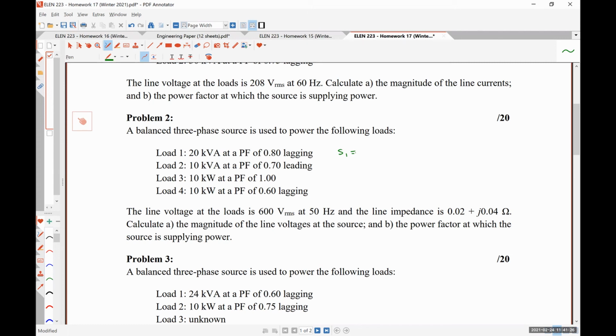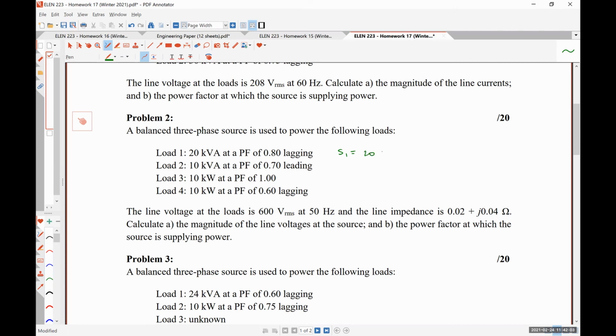Let me get my calculator. 20 over 0.8 is 25. Oh, you're absolutely right. It is kVA, so we have apparent power. We don't need to fix anything. Okay, I made a silly mistake.